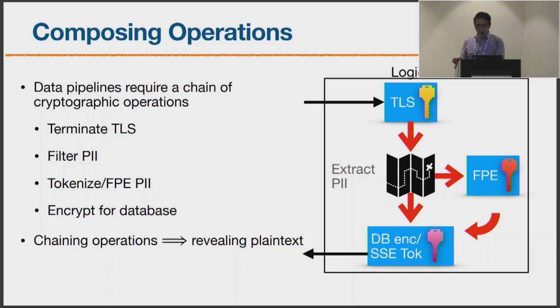Then you can extract PIIs while everything is encrypted. Then you might want to do some format preserving encryption or tokenization on some parts of that data. And then you might want to combine all of this and put it encrypted inside a database. None of the cloud KMSs, at least the ones that I have looked at, allow you to actually compose these things while keeping the data always encrypted.